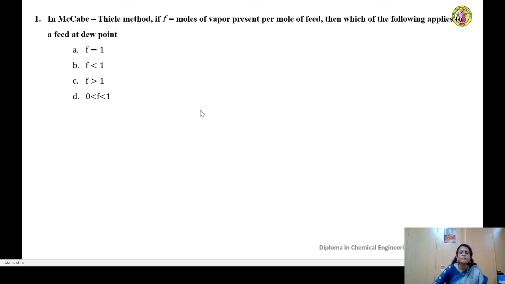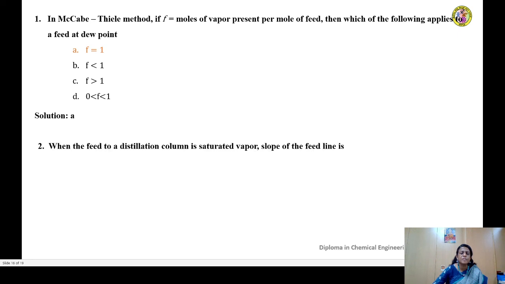So there is no liquid flow in the stripping section due to the introduction of 1 mole of feed. All that is entering at 1 mole per hour will be added to the vapor phase. So the first answer is the right answer for this question.